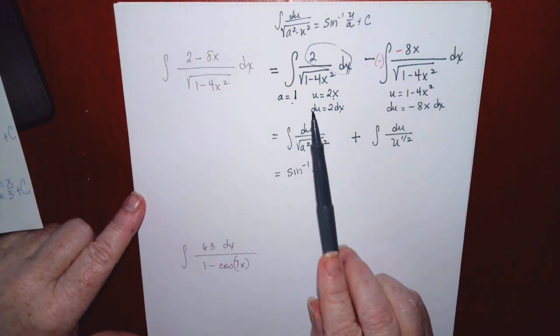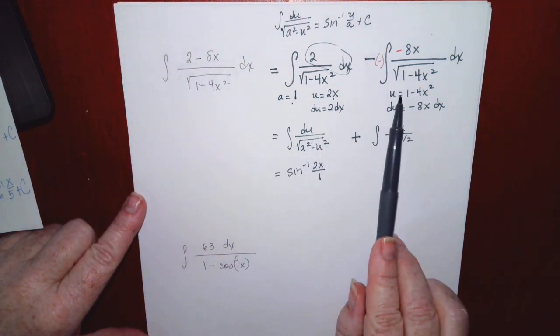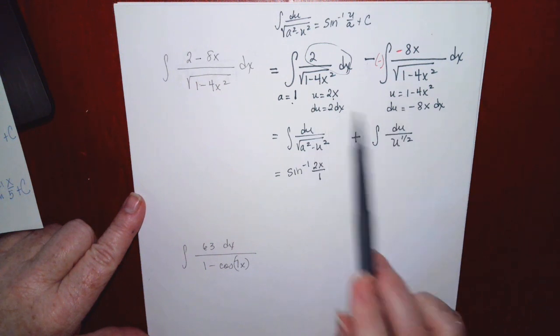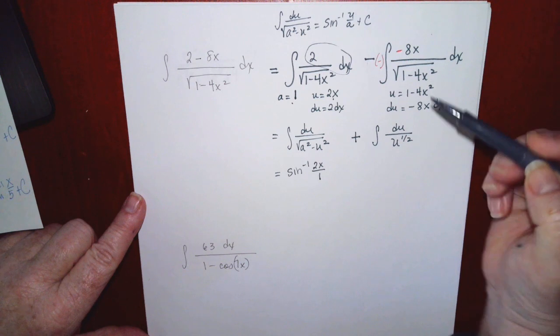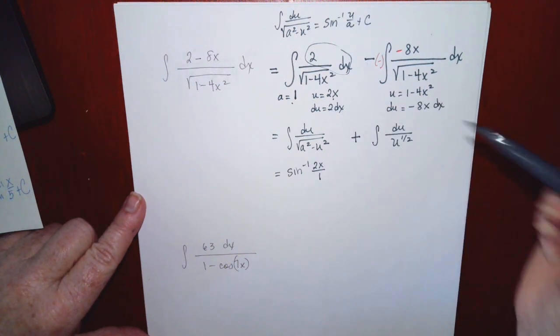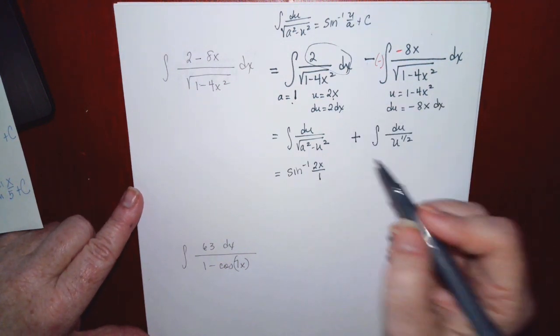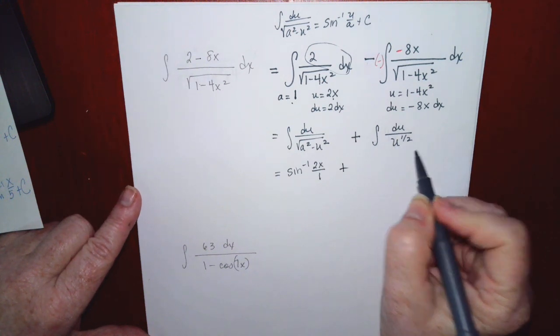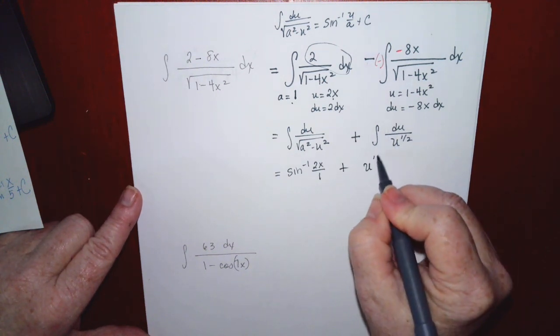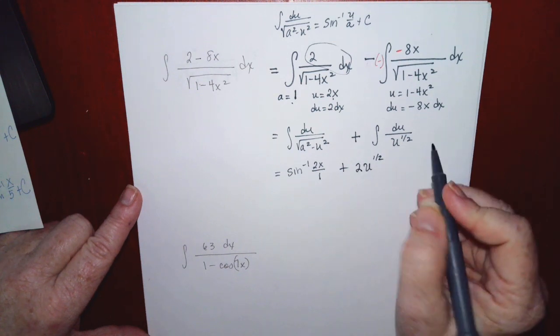All right, now if it bothers you to have a u substitution here and a u substitution here that are not related to each other, you're welcome to use a w or a different variable over here. But these are two completely separate u substitutions on this problem. So that would be the integral of u to the negative 1/2 du, which is u to the positive 1/2 times 2.